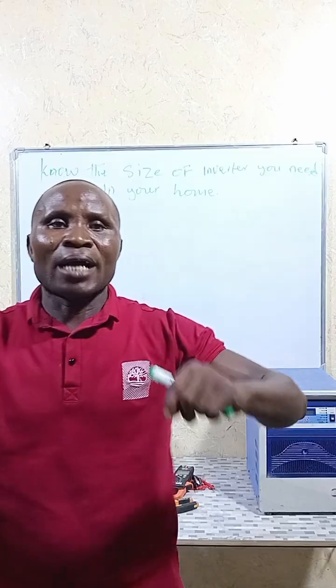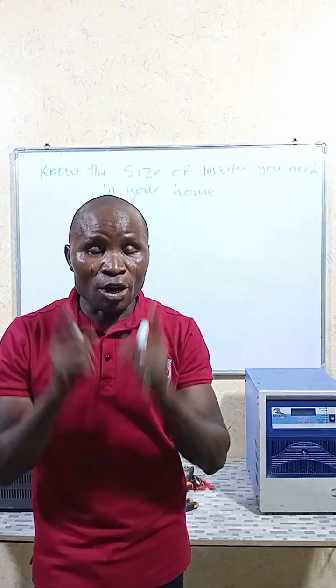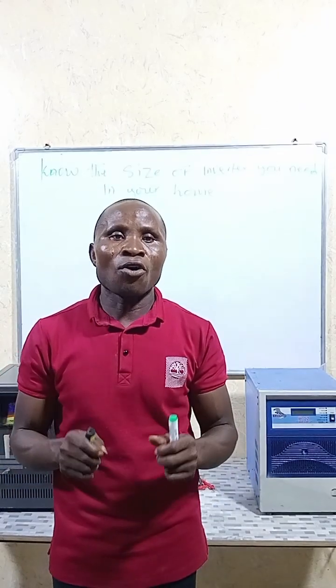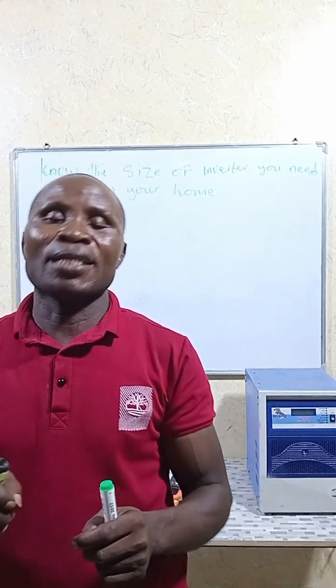you can usually find this information on your electricity bill. Or if your electricity bill is not reliable, you can find it on the meter, most especially the prepaid meter used today.